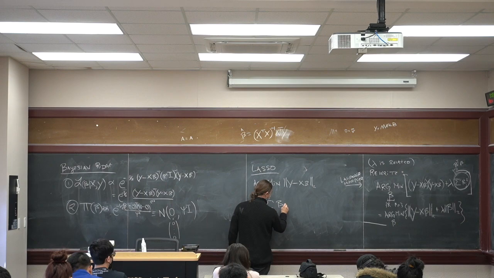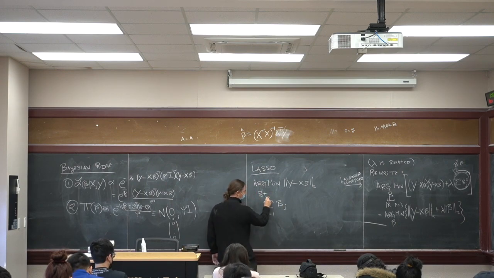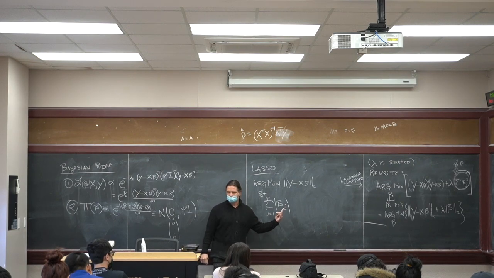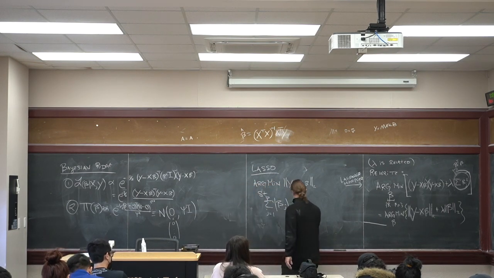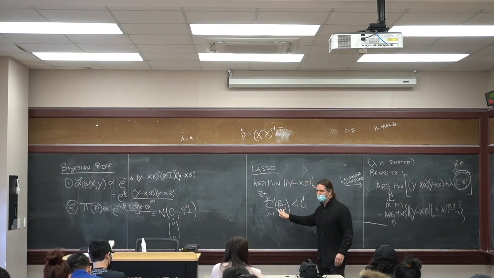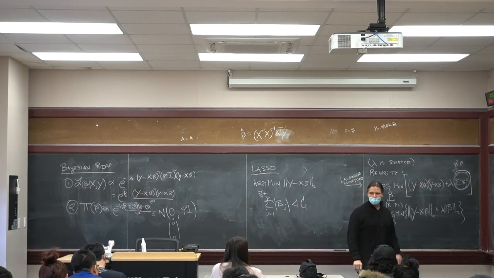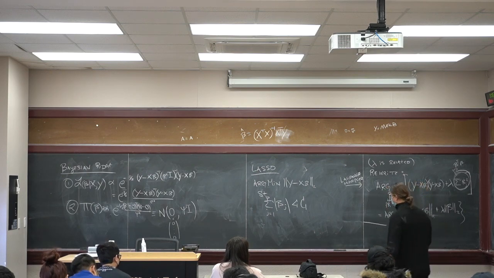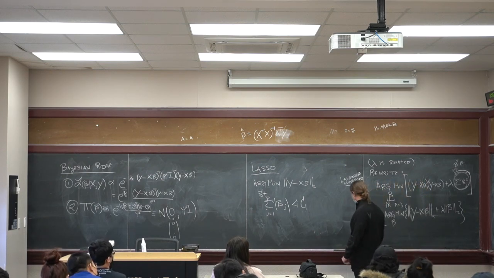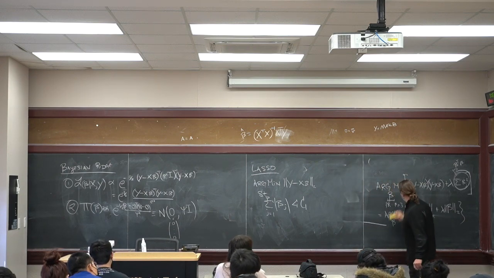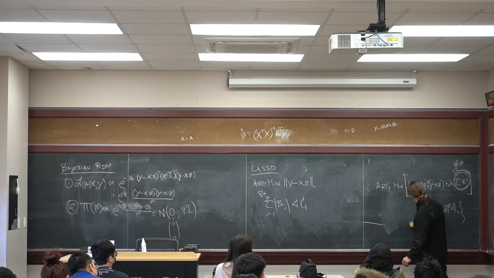So instead of taking these beta j's and squaring them, I'm going to put the absolute norm on that. And this is going to be less than some positive constant. So these are all positive, so I'm going to enforce that to be positive. And so, same sort of thing, I can optimize this.